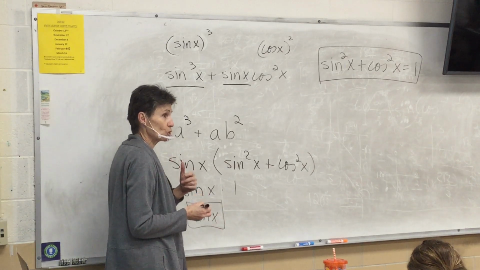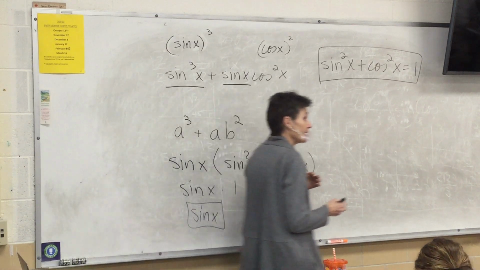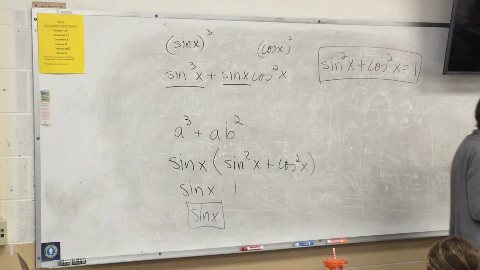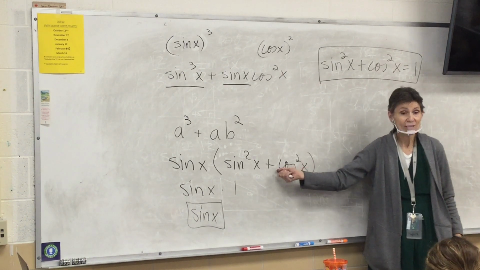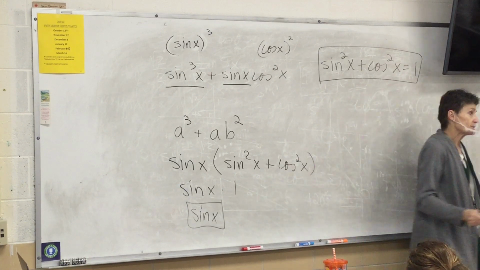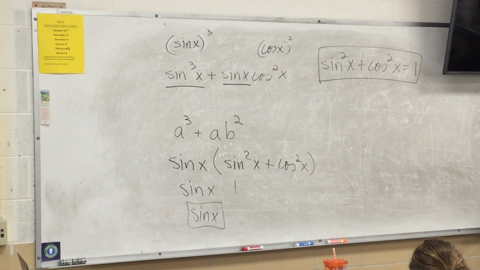So the directions to the problem said simplify. So we started by factoring because we couldn't think of anything else to do. And we noticed that we had a sine over here and a sine over here, so we pulled it out. And that left us with this, which is a really big deal in trigonometry. Sine squared plus cosine squared is always 1. We're going to run into a few more things we're going to highlight.